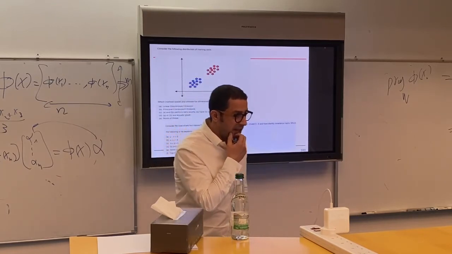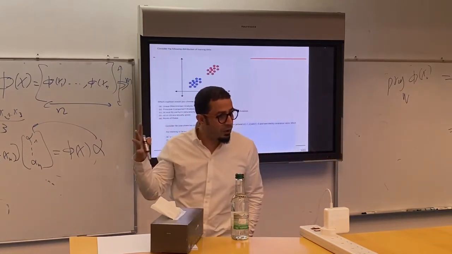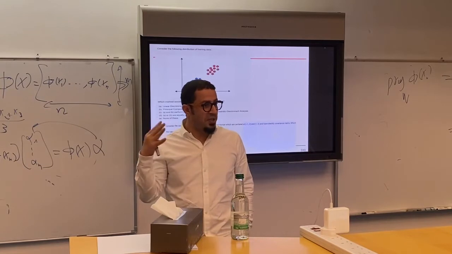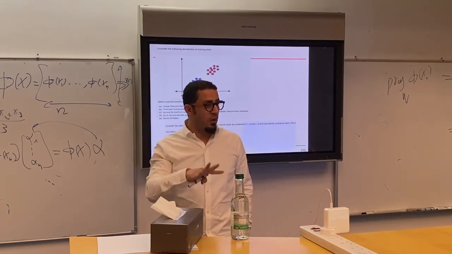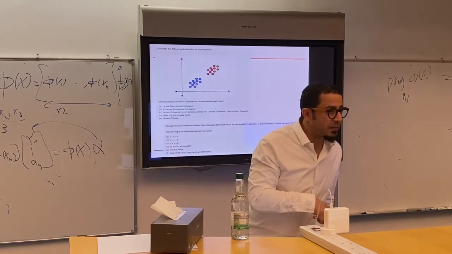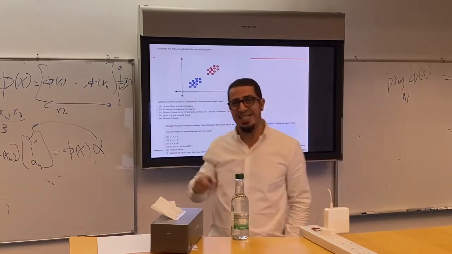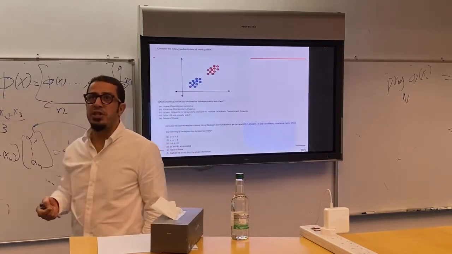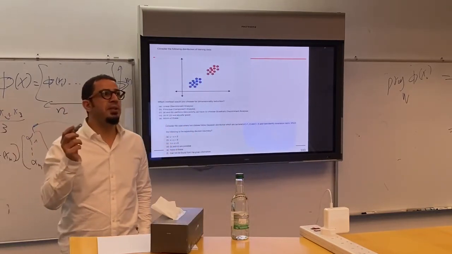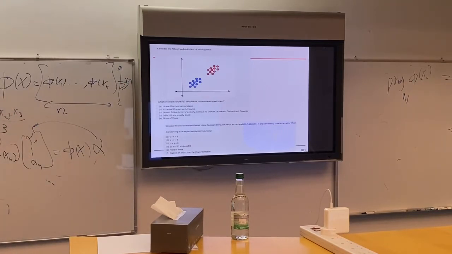Consider the case where two classes follow Gaussian distributions with the centers given -1, 2, and 1, 4, and they have the same covariance. Which of the following is the separating decision boundary? What is the decision boundary? If you have data like this and data like this, how to separate between them?